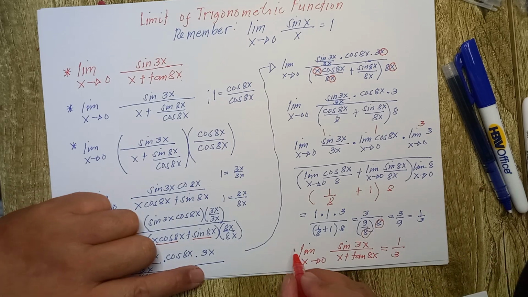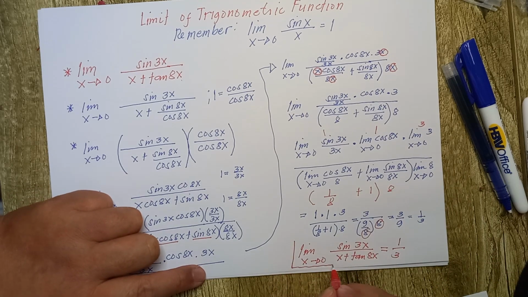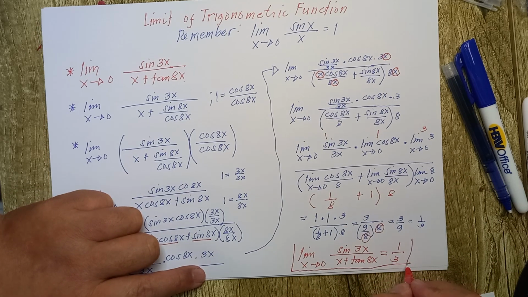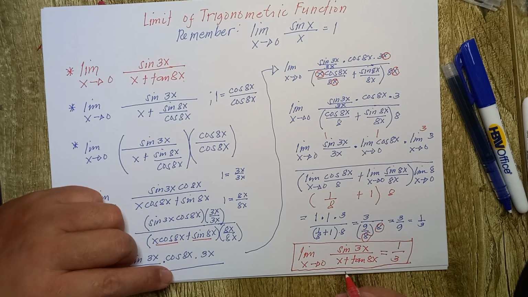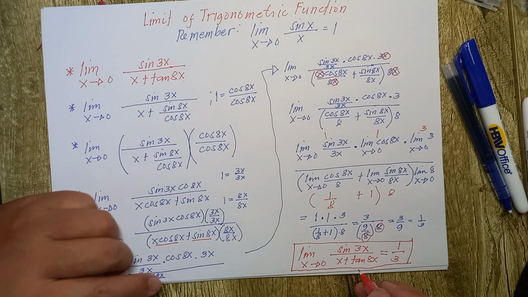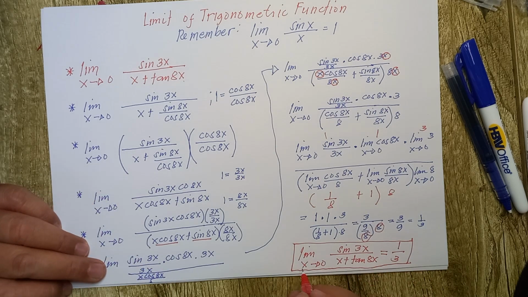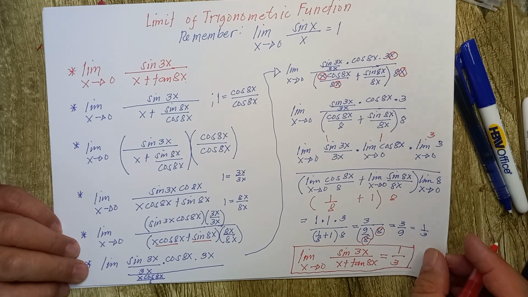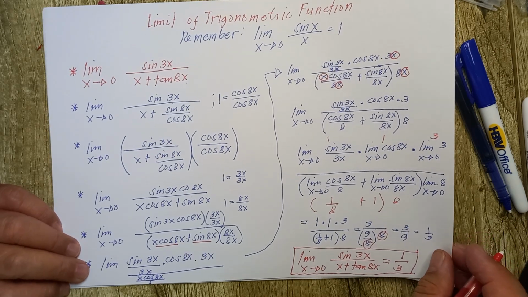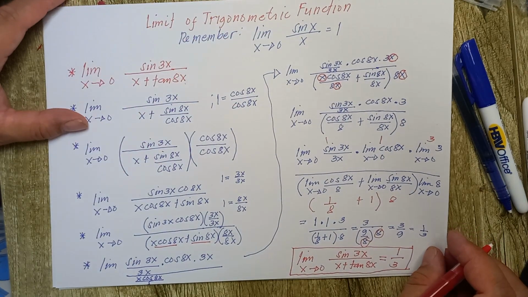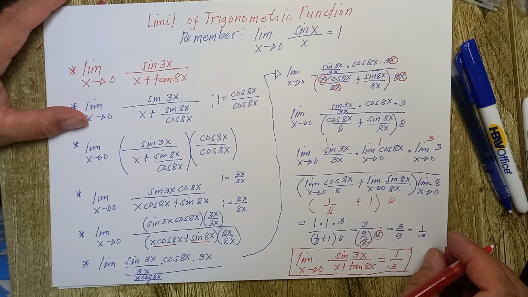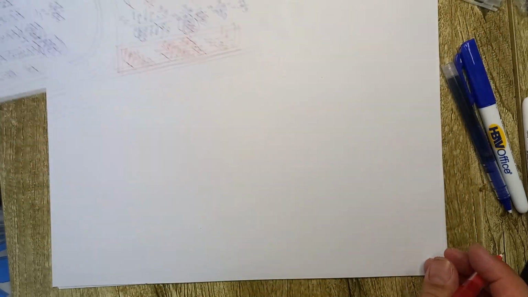So that is the resulting limit of the problem, the limit of sine 3x over x plus tangent 8x as your x is approaching 0 is 1/3. Okay, I hope you understand this theorem and how to apply this theorem. Okay, and this is number 3 problem. We can have another one.